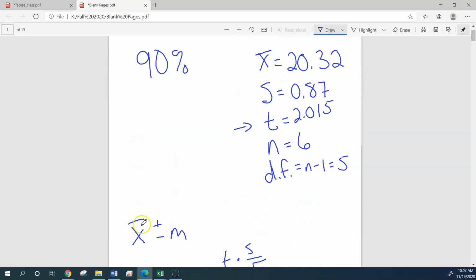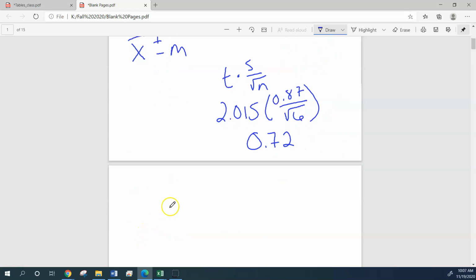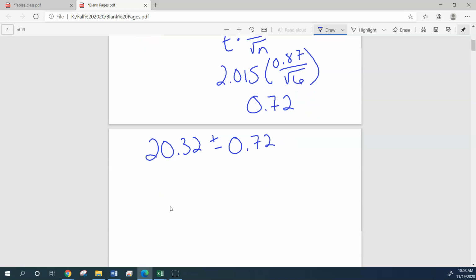So whenever we take our 20.32 and we add and subtract 0.72, what we should actually get is 19.60 and 21.04.